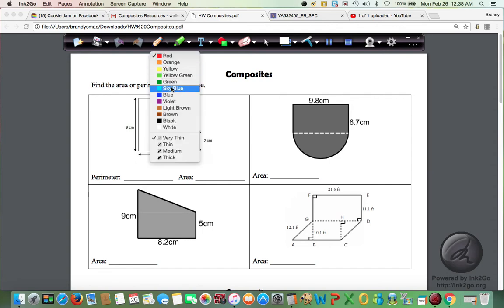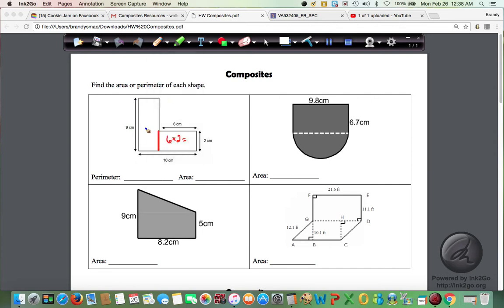For the bigger one, we know it's 9, but we're missing this piece right here. We don't know 9 by what. If you remember from perimeter, if you have that written down already, then you're set. This is super easy. If you don't, remember the whole thing across is 10, but we've already used this 6, so we're not going to use it again.